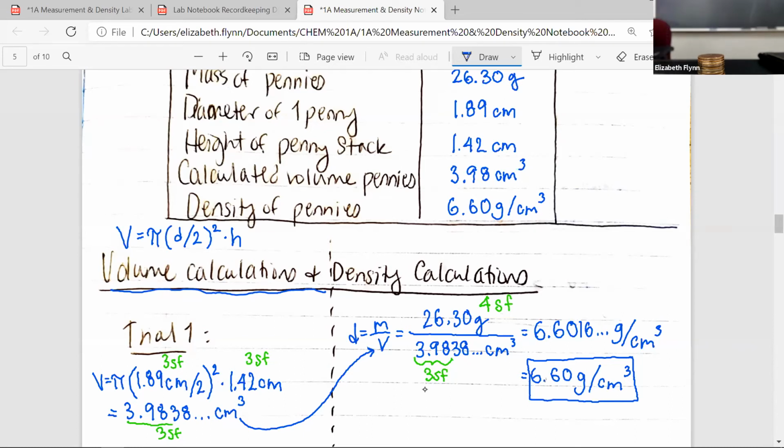And that's how we determine the density of pennies using linear measurements. And we don't have to divide by 10 pennies or anything because we already accounted for the fact that there were 10 pennies in the stack. We got the mass of 10 pennies and the volume of 10 pennies. Therefore, once we do that division, the density of the 10 pennies is the same as the density of just 1 penny.